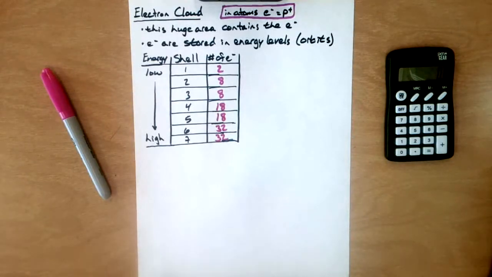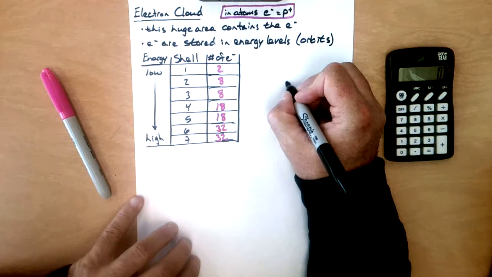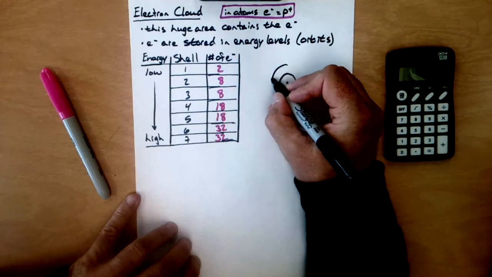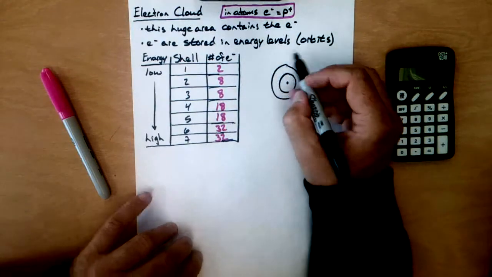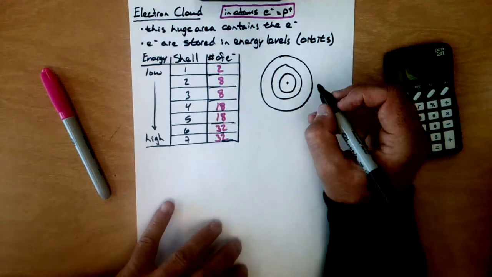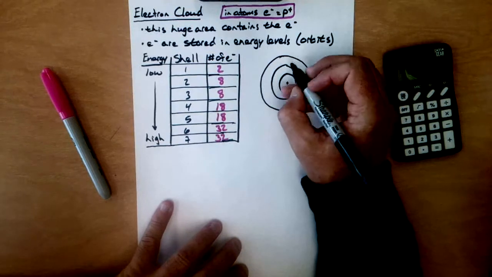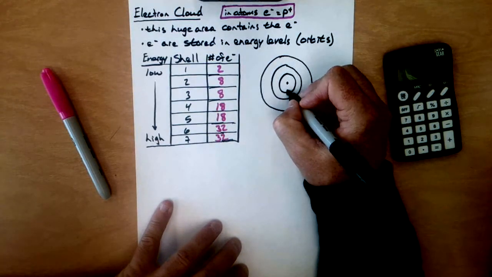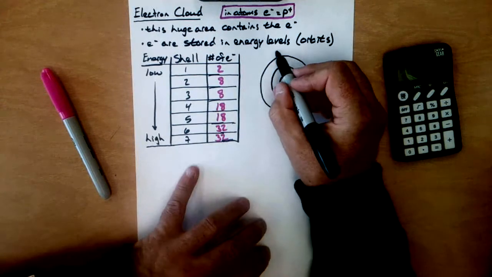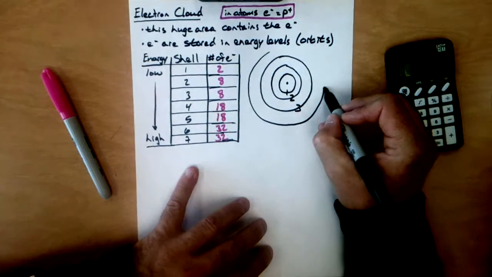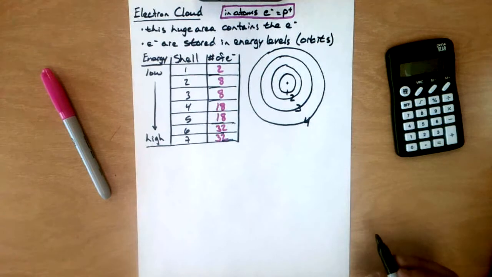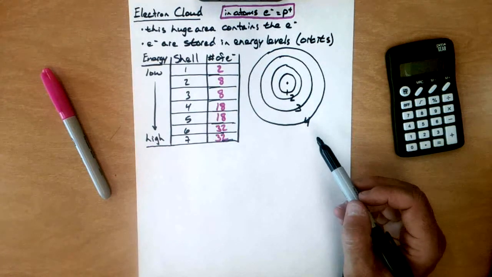So if we picture these shells as orbits around the nucleus, the low energy shells are closest to the nucleus. So this would be like, for example, number 1. And then as you move away, they gain a little more and more energy to keep the electrons there.